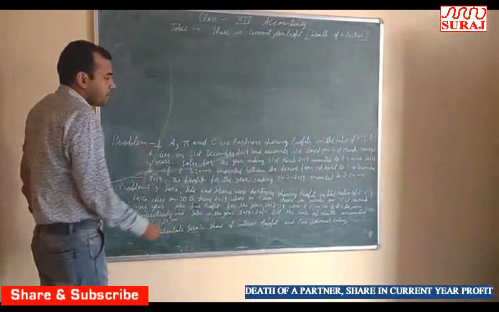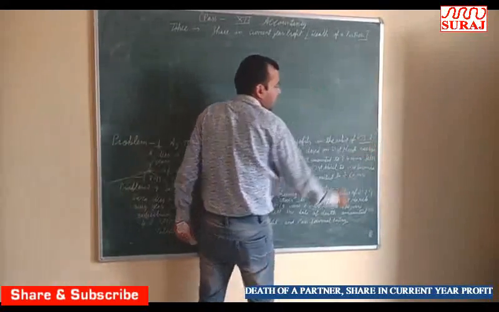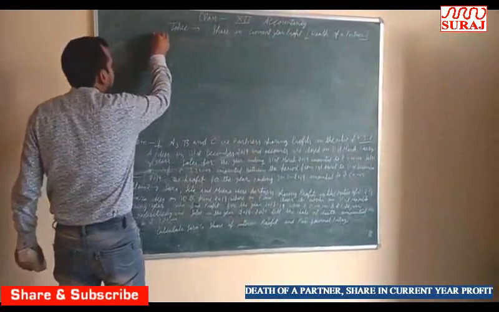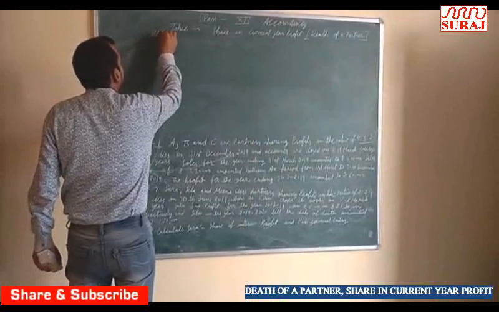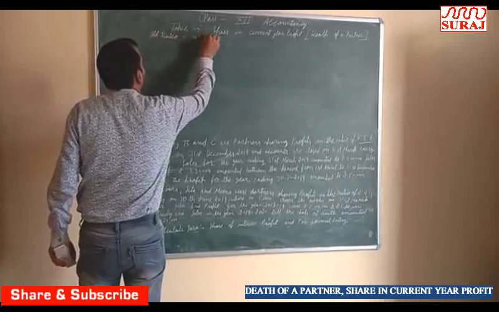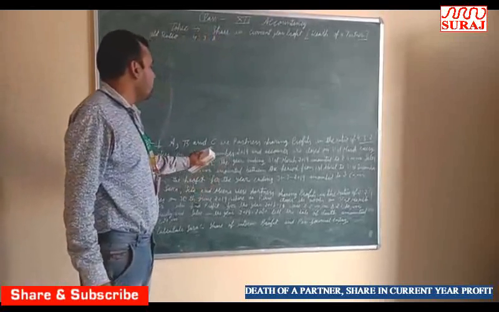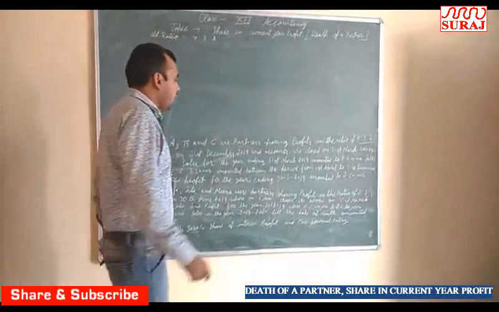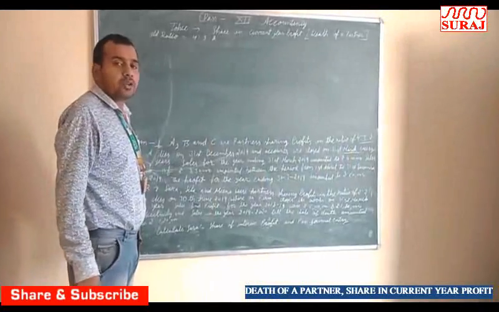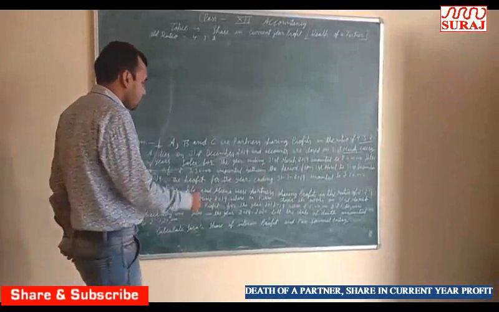Problem number 1. A, B and C are partners sharing profit in the ratio 4:3:2. Your old ratio is 4:3:2. A died on 31st December 2019 and accounts are closed on 31st March every year. The last balance sheet was created on 31st March 2019.